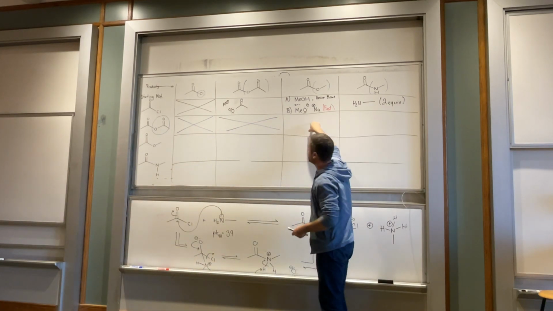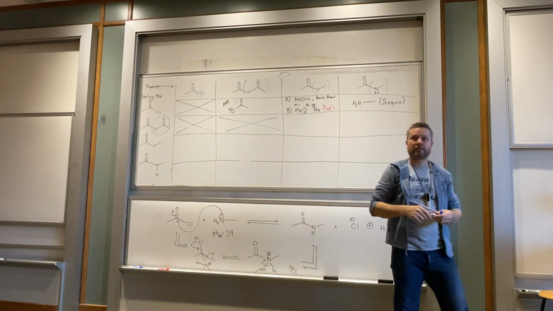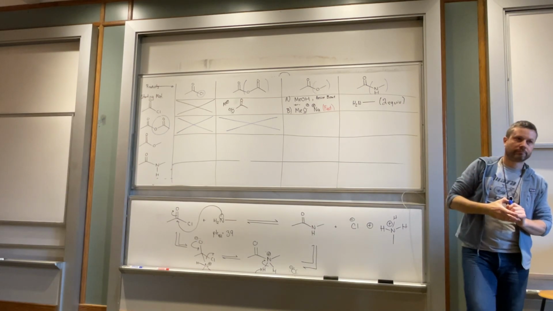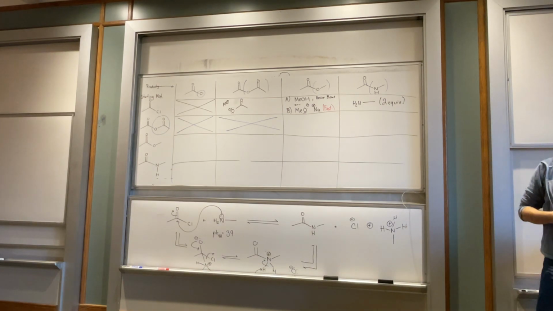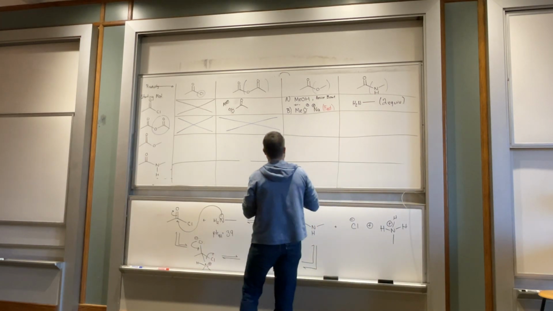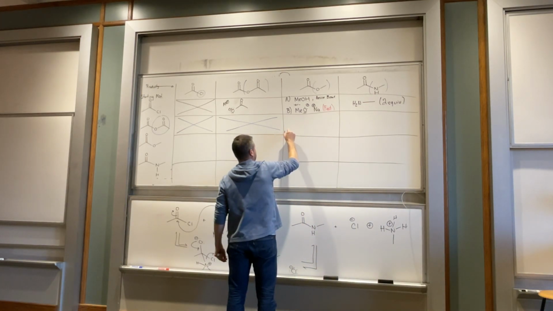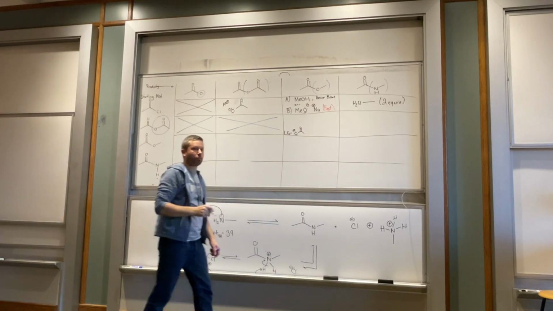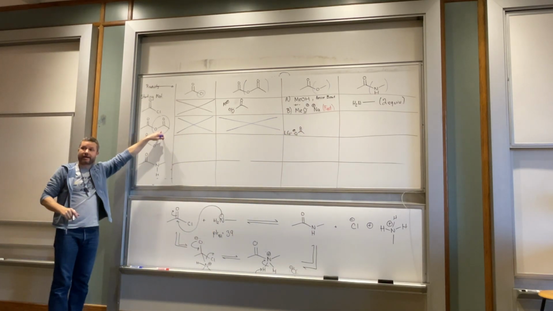All right, if we want to make an ester from an acid anhydride, what would we add? The leaving group of this reaction is going to be one half of the anhydride, right?